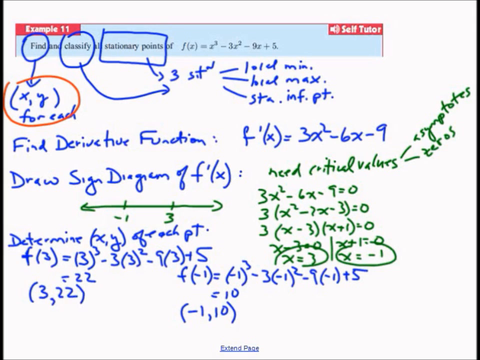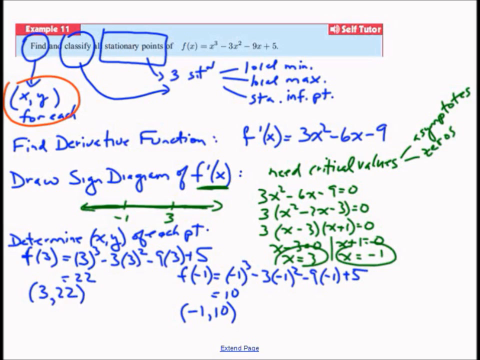So in this case, you could choose a number less than negative 1, so negative 2, plug it into your function here. Choose a number in between -1 and 3, plug it into this function. Choose a number bigger than 3, plug it into this function. And are those answers positive or negative? That's where the signs come from.